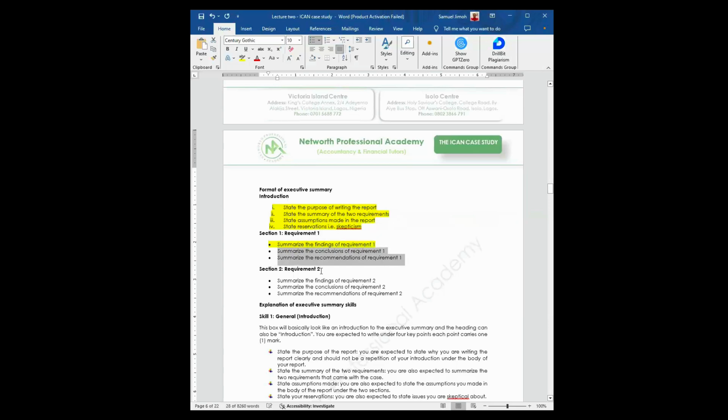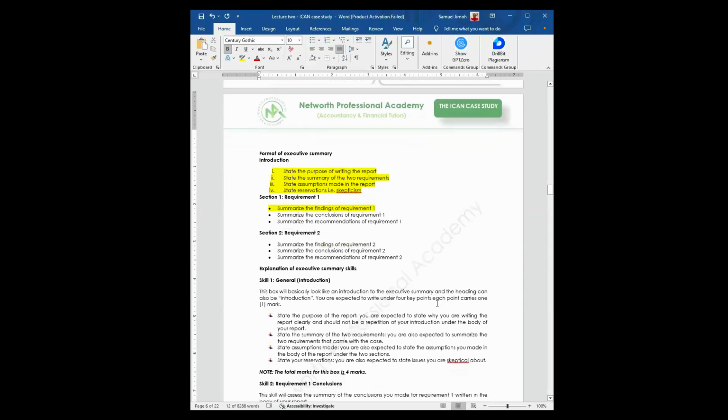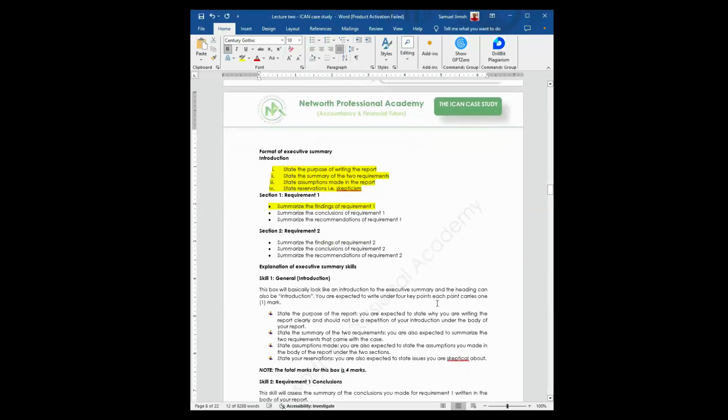Then you go to section 2 of your executive summary, where it is optional for you to include the summary of findings. But the two major things you should include are the summary of conclusions of requirement 2 and summary of recommendations for requirement 2.